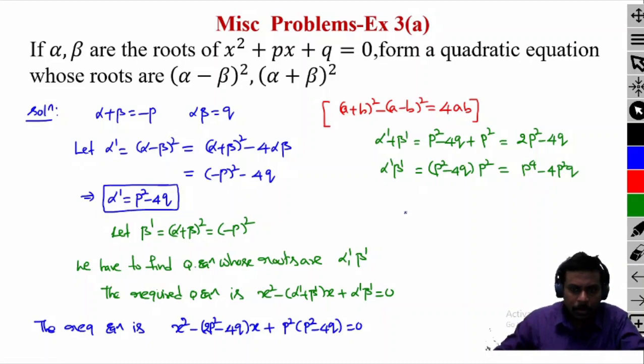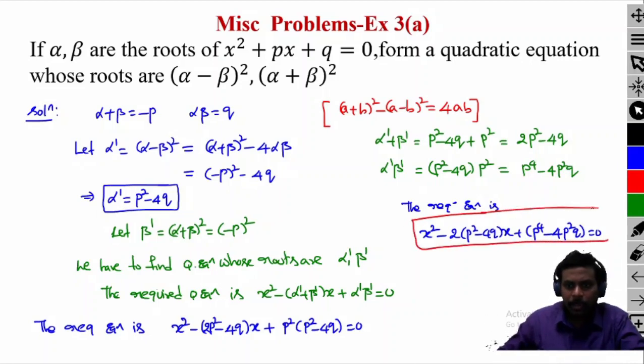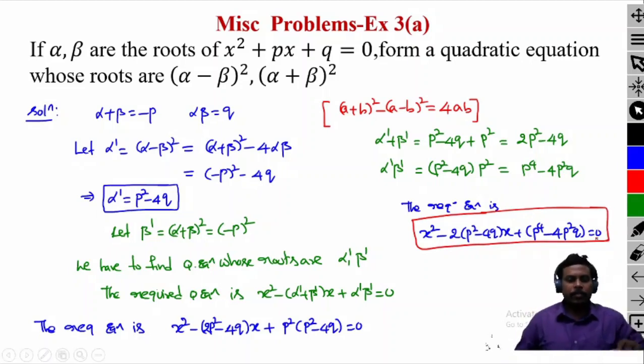So the final answer, the required equation, is x square minus 2p square minus 4q into x plus p to the power 4 minus 4 into p square q is equal to 0. This is the final answer actually. This is the required quadratic equation that we want.